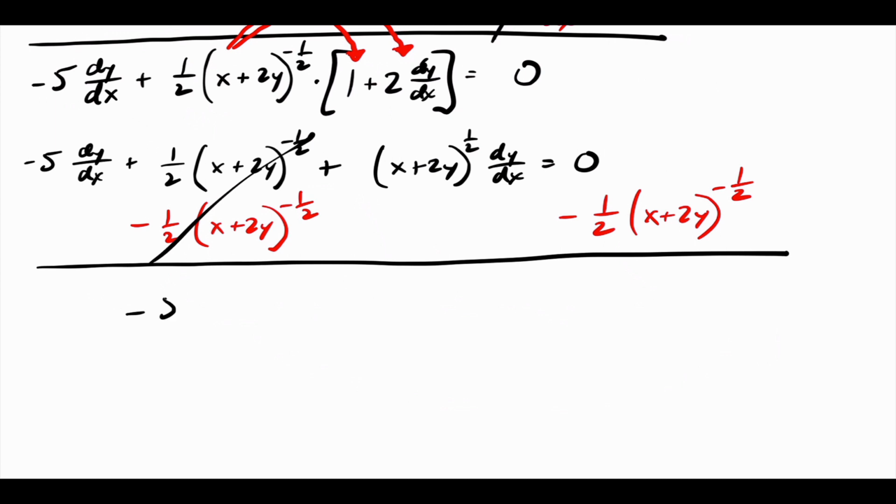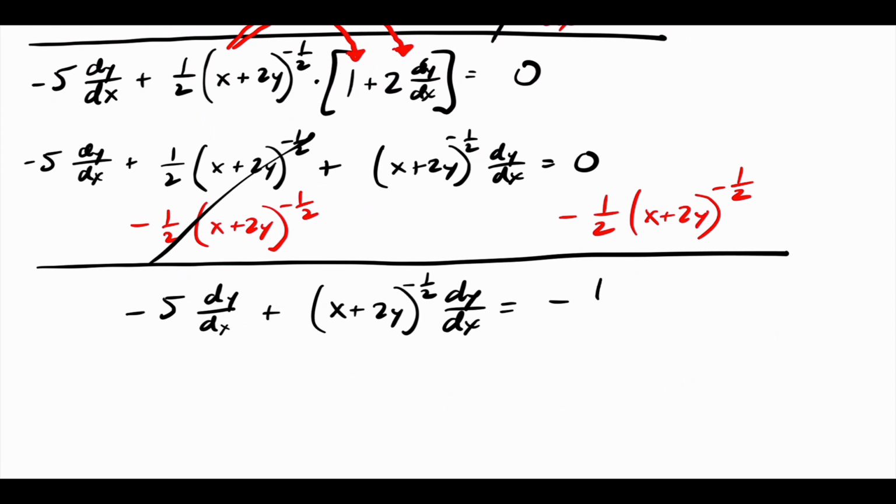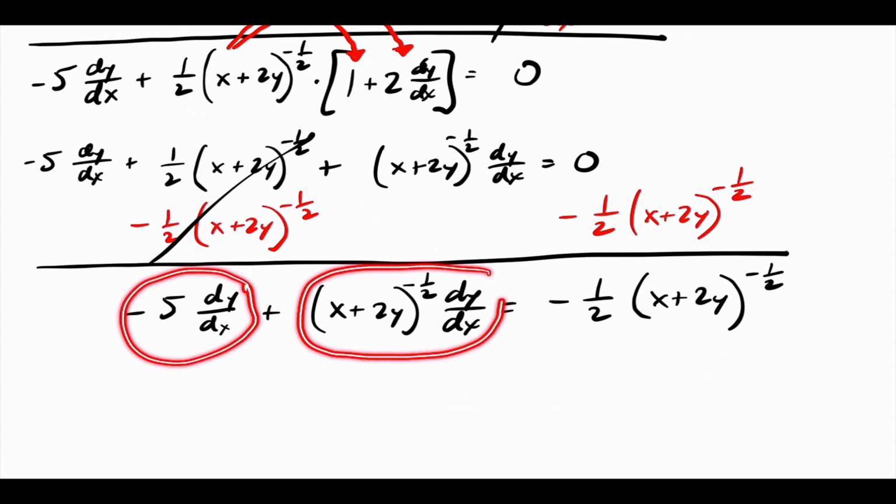So we get -5 dy/dx plus this part, oops, negative root, equals -1/2. Okay, so now on the left, I have just 2 terms. Both of them have dy/dx, so I'll factor that out.